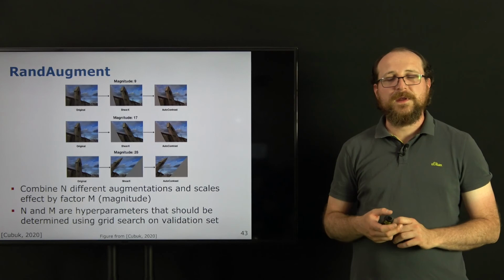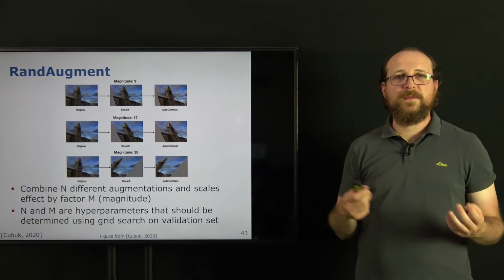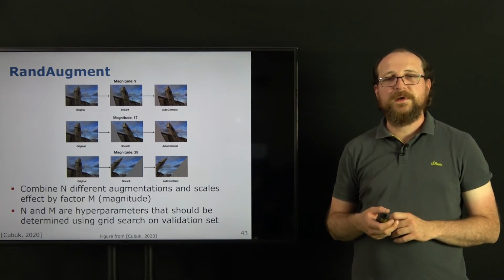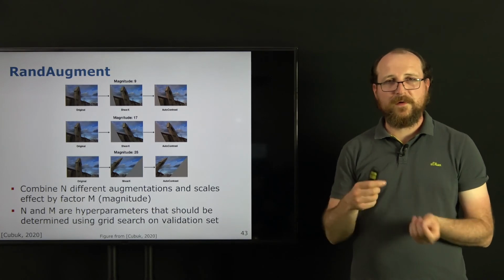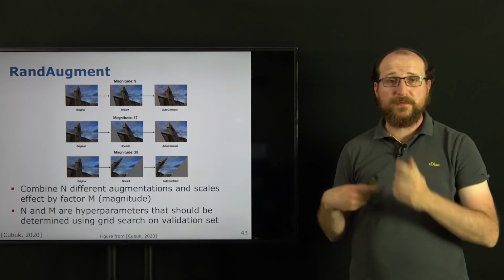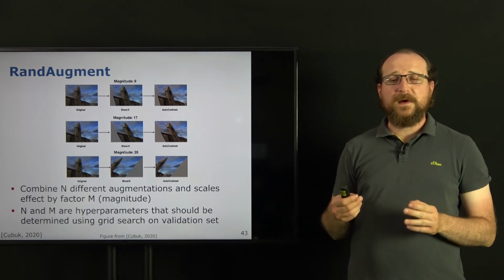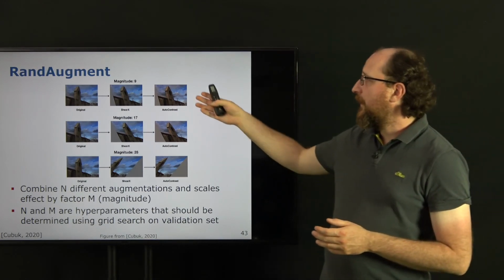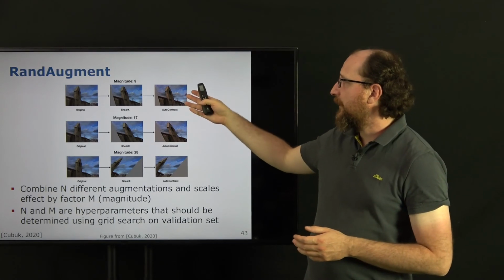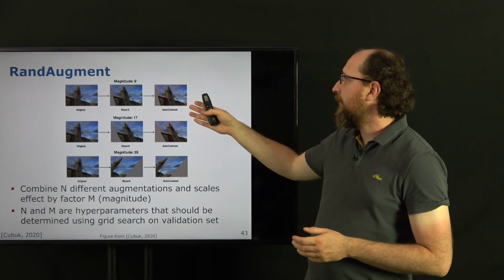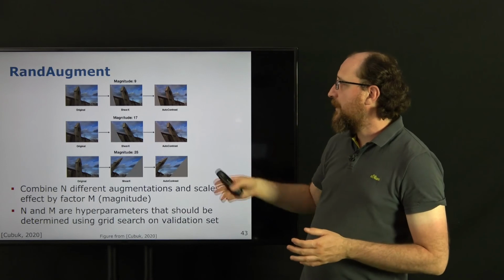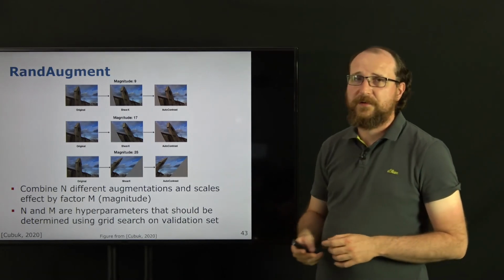The important part is that the augmentations are not always done in the same way, so they are combined differently to produce new examples, and they are also done with a magnitude from very slight changing of the image to larger changes in the end.